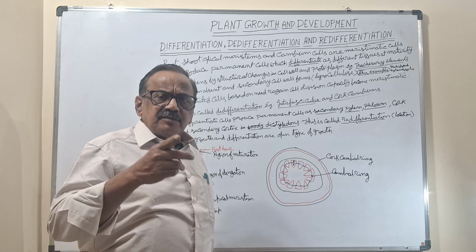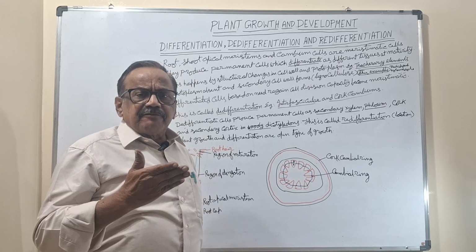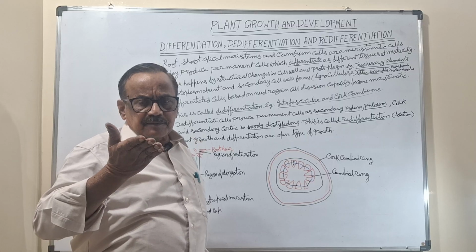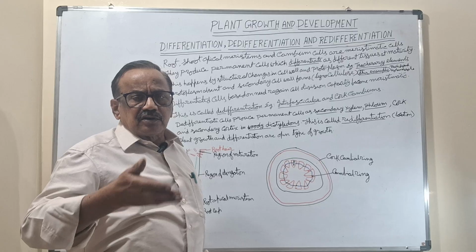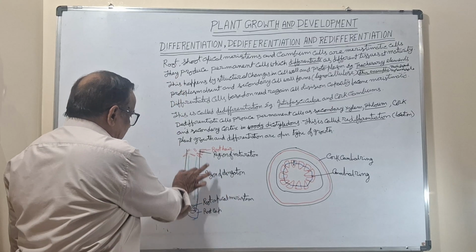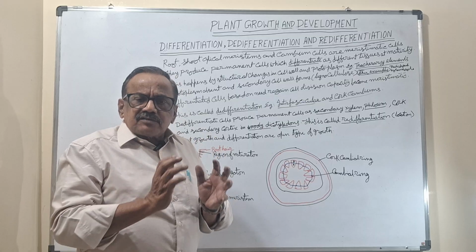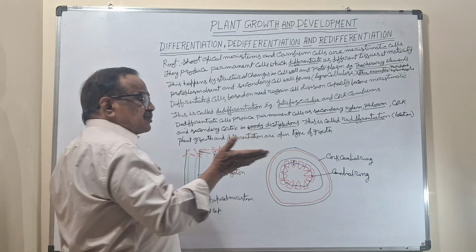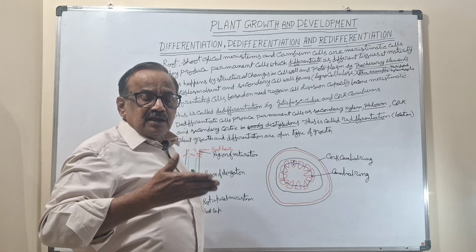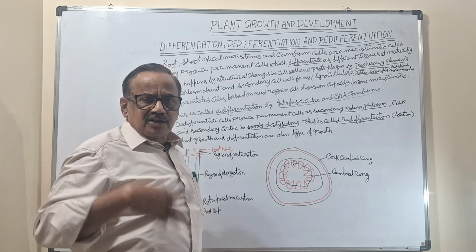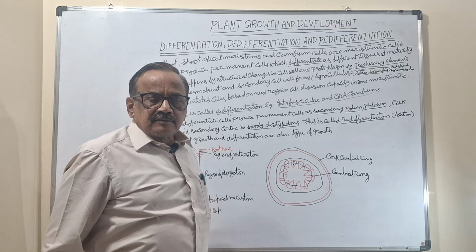These permanent cells are modified into different types of tissues, and a group of cells is called a tissue. So the cells of the elongation region form groups of cells, which are the tissues already studied in anatomy: epidermal tissue, cortex, stele, xylem, phloem, all of these. Like that they form. This is called differentiation.